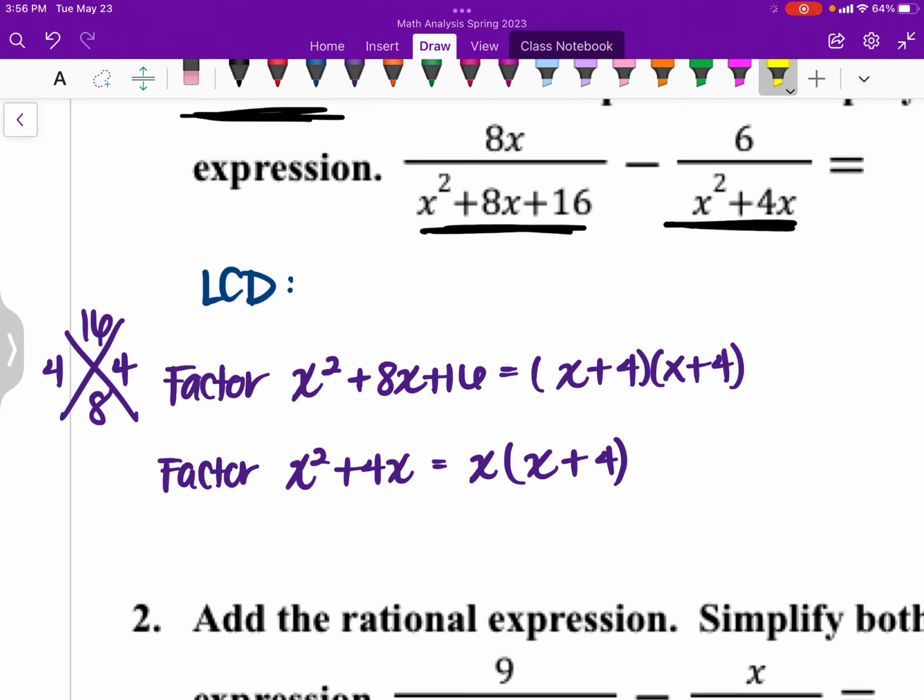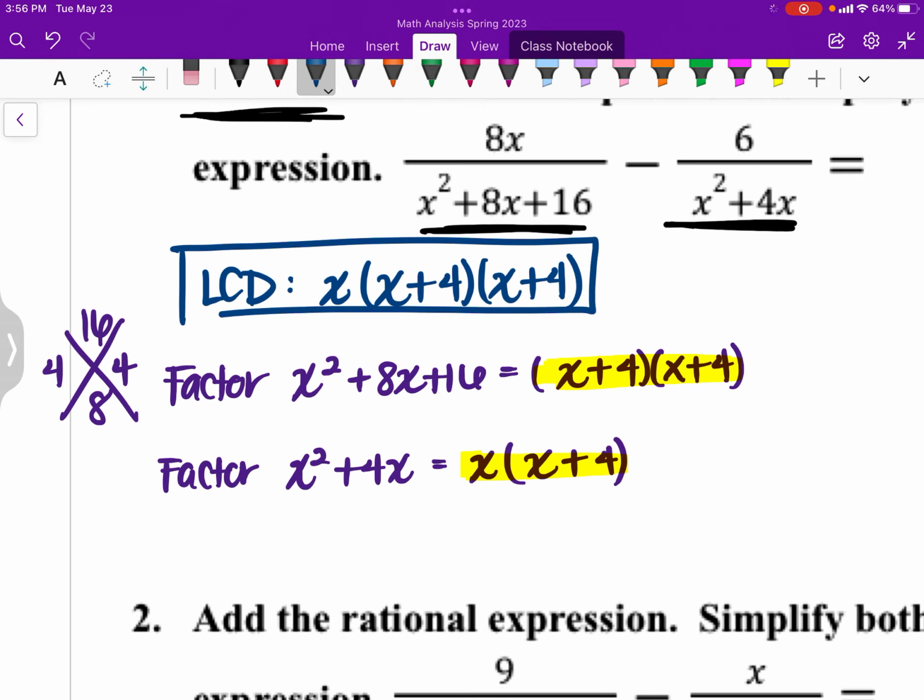Now, if you notice, this expression has x plus 4 times x plus 4, and this one has x times x plus 4. So for them to be the same, I need my LCD to contain an x, because this one here has an x, and it also needs to contain two x plus 4s. So it has to contain both of them. All right, so that is the LCD.